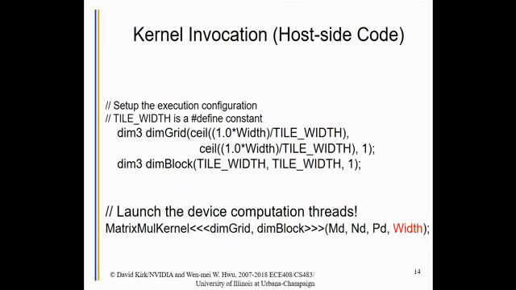Now, this is how we're going to launch that kernel, okay? This is the host code. We're going to have a width by width matrix multiplication. And we're going to launch a kernel by dividing the width by the tile width. That gives us the number of thread blocks in each dimension, right?